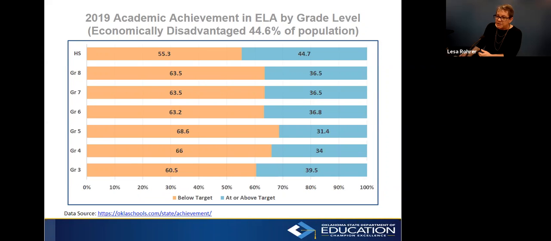That's actually the highest rate in this whole graph. So when we think about that coherence across programs, that's what we're looking at when we break it down by grade level, and in this case, by priority student groups. So we can think about what differentiation do we have to meet the needs of our economically disadvantaged students? What does that look like and how effective are those strategies that we're using?